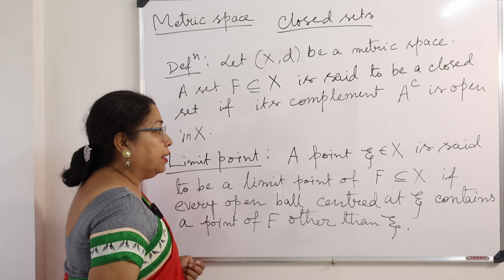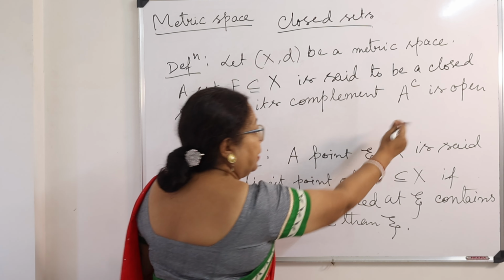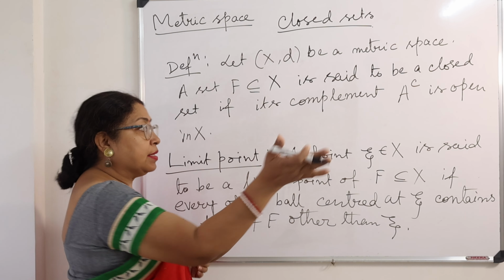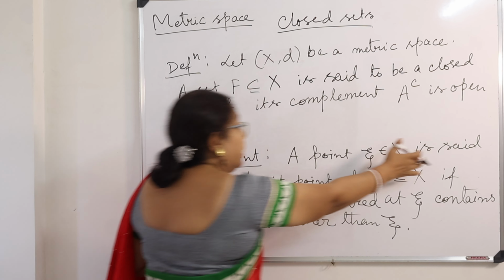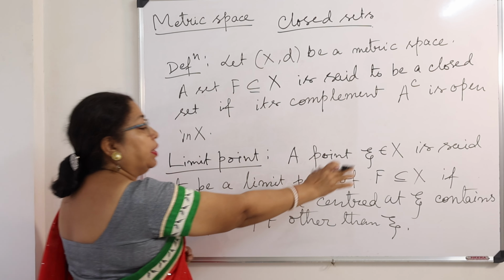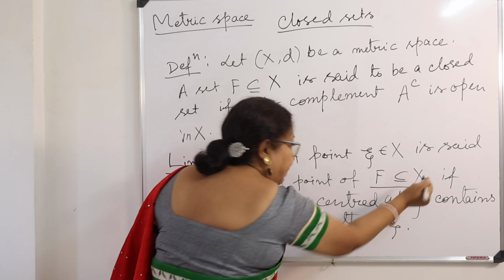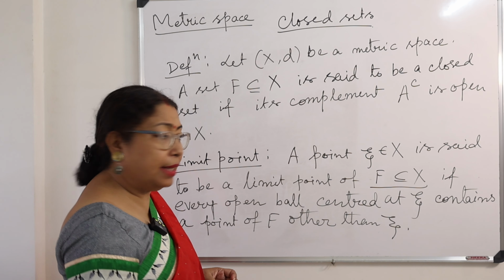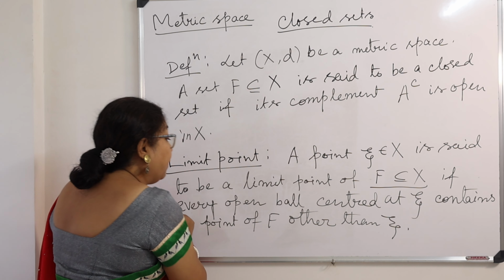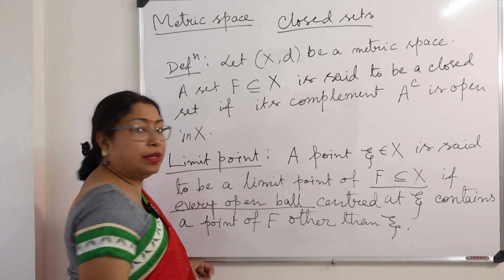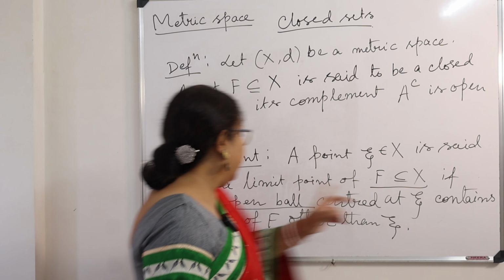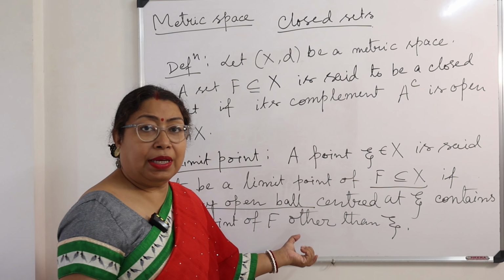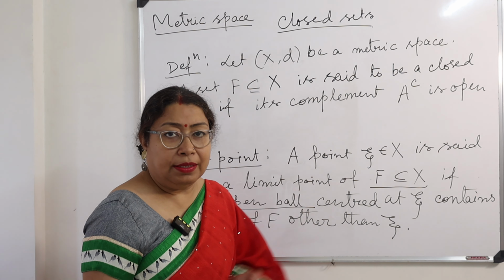A point ξ of X, where (X, d) is a metric space, is said to be a limit point of a subset F of X if every open ball centered at ξ contains a point of F other than ξ.